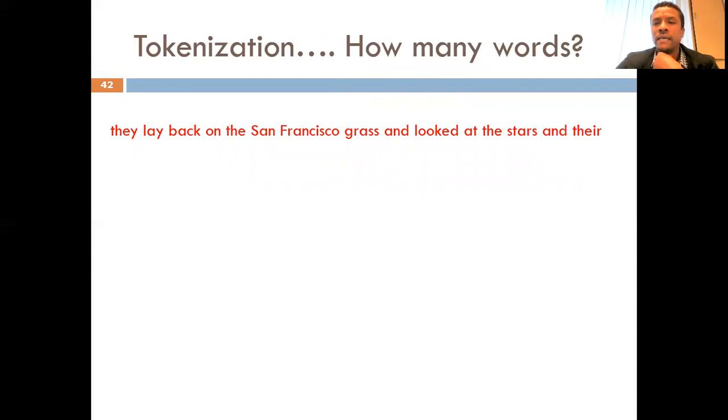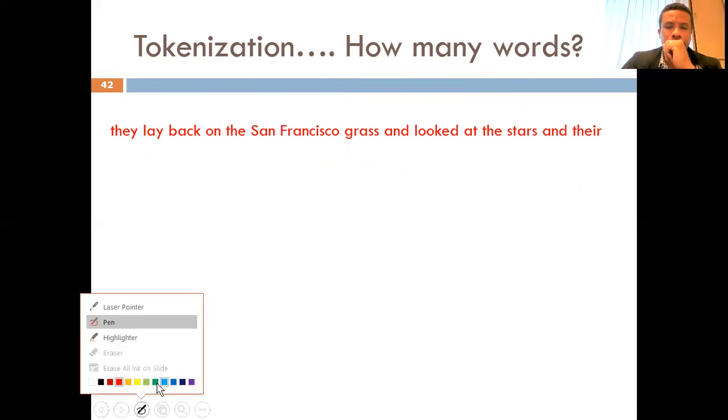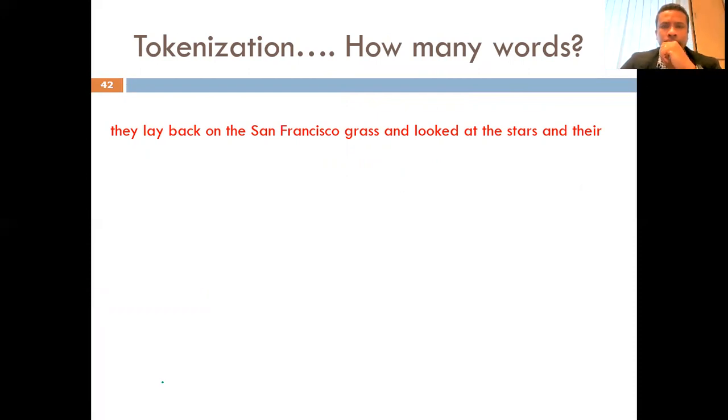So for instance, from this text, how many words do you see? How many words? 16 words. 16.